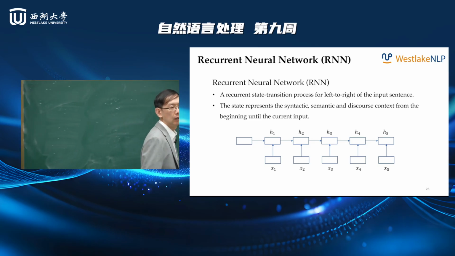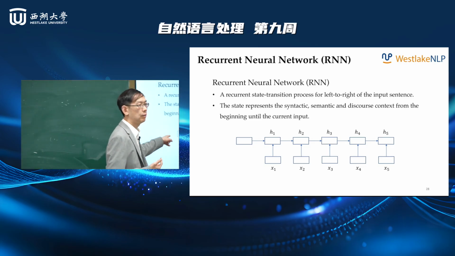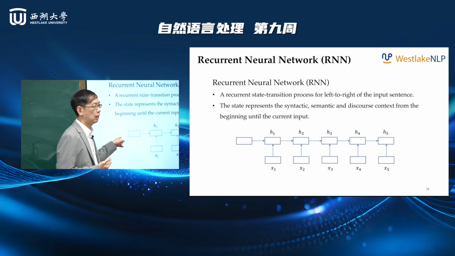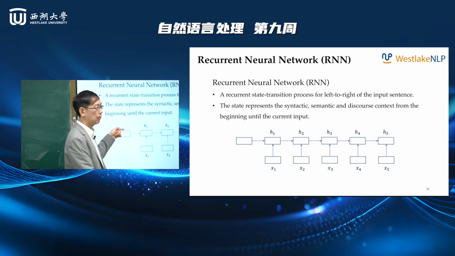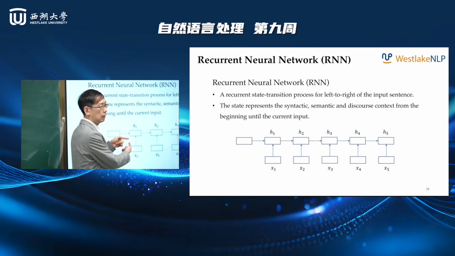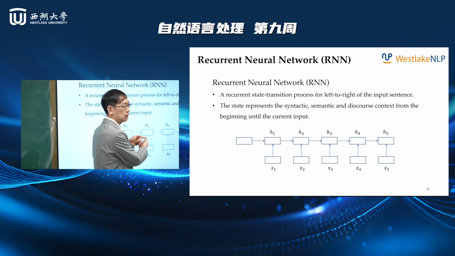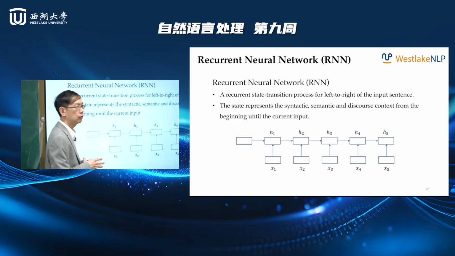The hidden vector initially takes a random starting value or is a model parameter. Then we keep combining this hidden vector with the word 1 representation and word 2 representation, etc., from left to right.